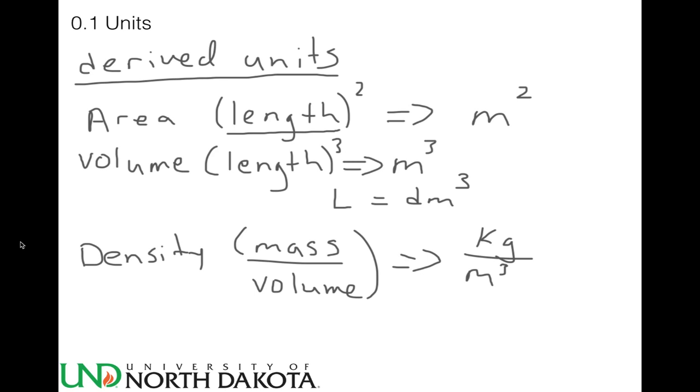You'll find that in this course we'll often measure density as grams over milliliter or even grams over centimeter cubed. So we may use other units, but the ones I'm showing you are the fundamental SI units.